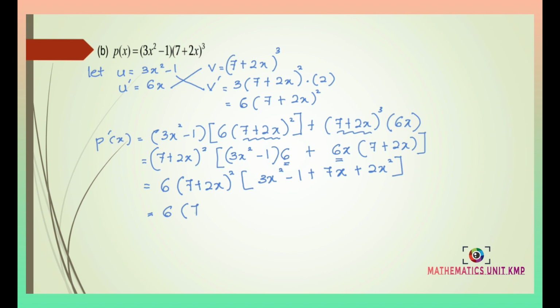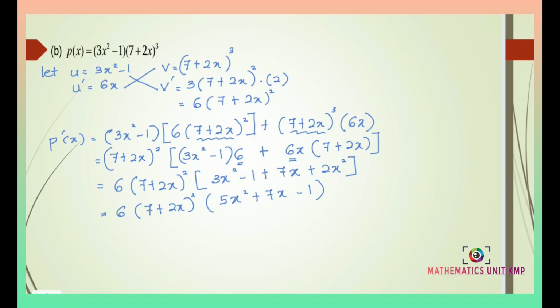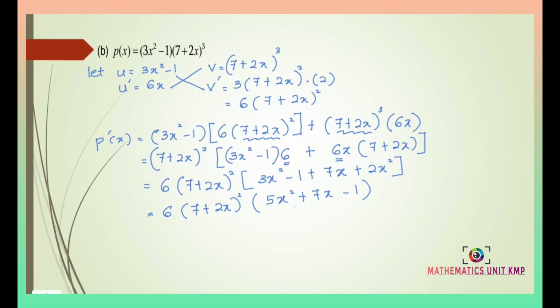Then the answer we get is x squared plus 7x minus 1. Because we cannot factorize this expression, that is the answer.